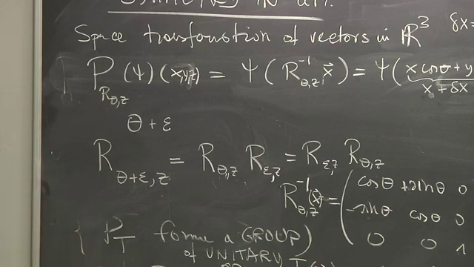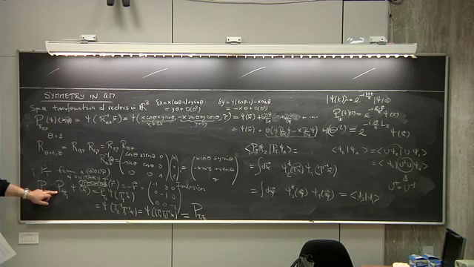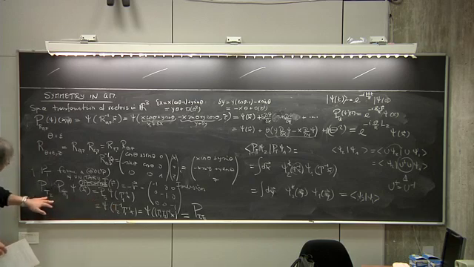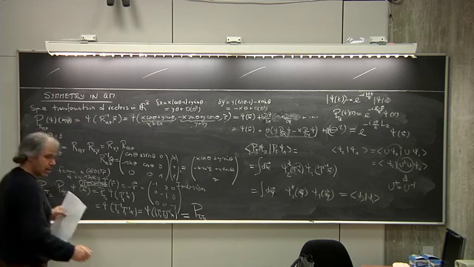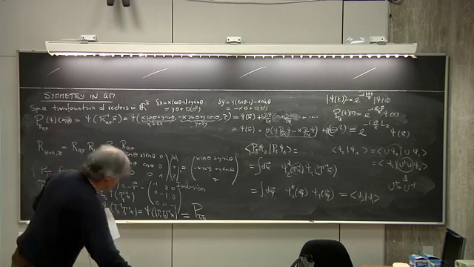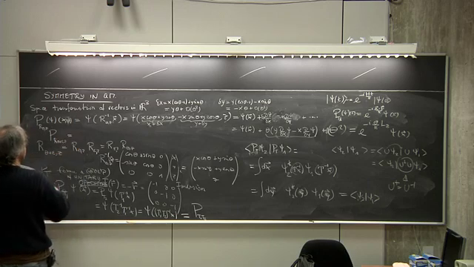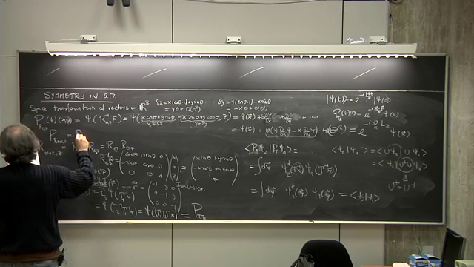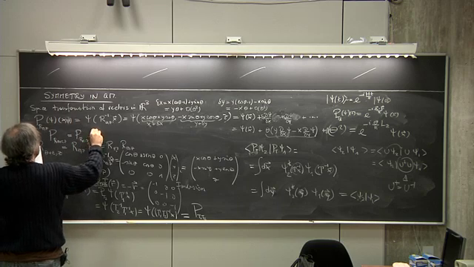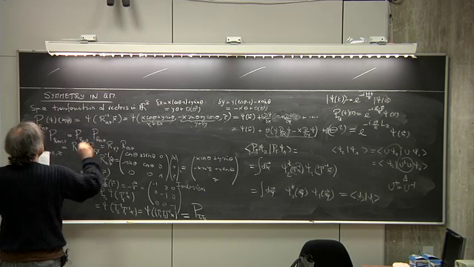Now, we said PT are a group which, in fact, you see, inherits, in some sense, the same type of properties that the transformation have, okay? So if I have to write, for instance, what is P of R theta plus epsilon, okay, I realize immediately that this is nothing but P of R epsilon z times P of R theta z, okay?